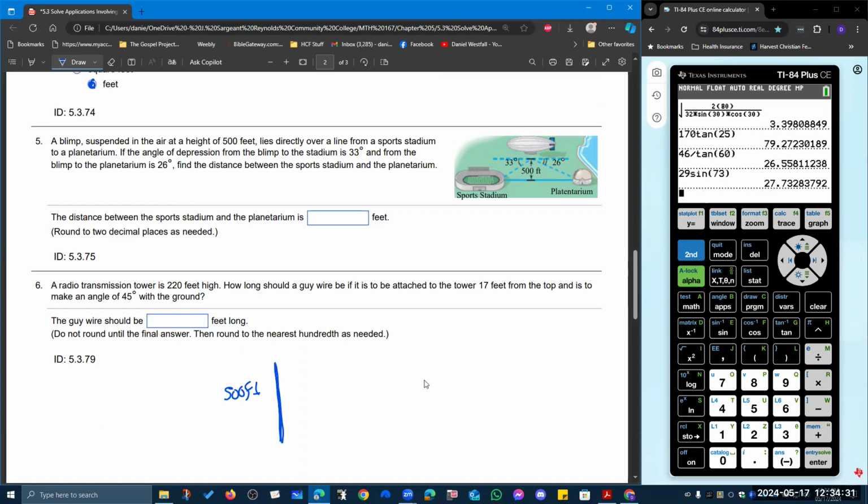If the angle of depression from the blimp to the stadium is 33 degrees, so the blimp is up here and the stadium is over here, and this angle of depression here is 33 degrees, meaning that this angle down here is 33 degrees.